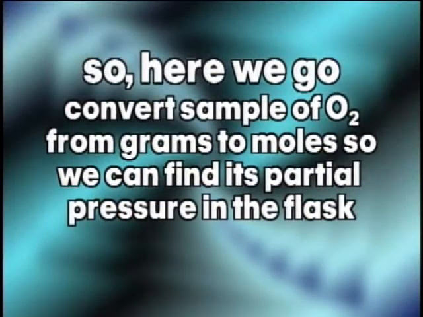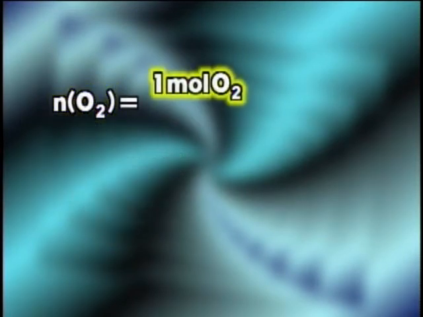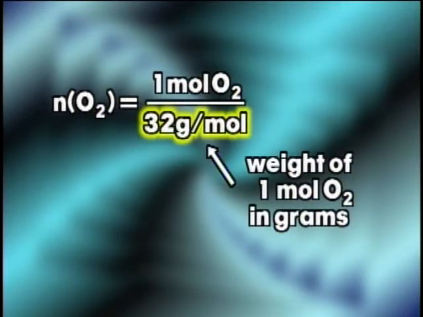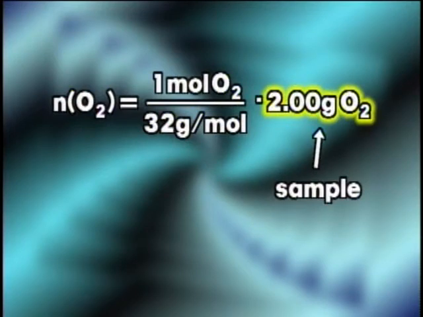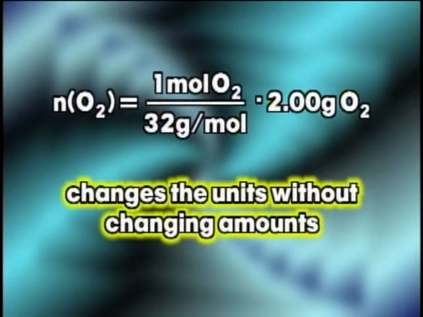So here we go, converting our sample of oxygen from grams to moles so we can find its partial pressure in the flask. n, the number of moles of oxygen molecules, equals 1 mole of O2 over the weight of 1 mole of O2 in grams, 32 grams, times our sample, 2 grams of O2. Multiplying our sample, 2 grams, by 1 mole of O2 over the mass in grams of a mole of O2 is like multiplying by 1, so it changes units without changing amounts.